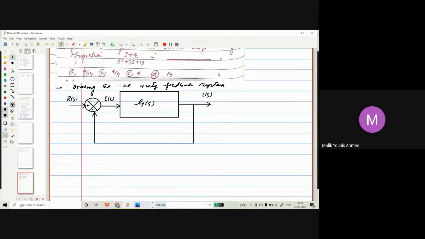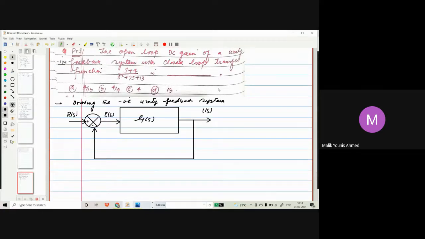Okay, so we have the question like this: the open loop DC gain of a unity negative feedback system. This is a negative feedback, but the term open loop will come from the closed loop system, and the closed loop transfer function is given to us. So the closed loop transfer function, we can denote it CLTF, is basically C of S divided by R of S, and that's given in the question.